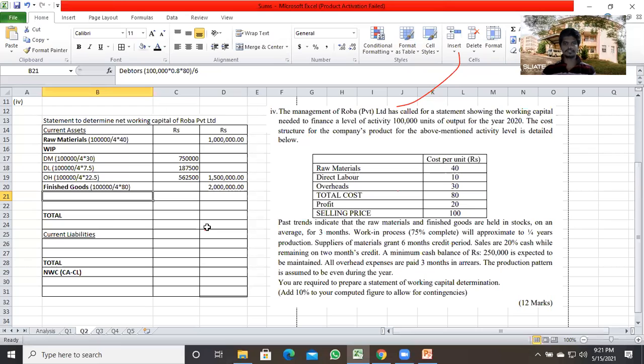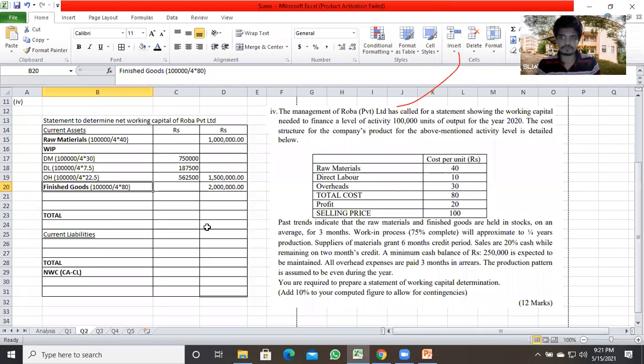Now the debtors value we have to calculate. Up to now, okay. Please think and say, how can we calculate the debtors value? Here one thing you have to assume: the activity level, in the sense production and sales. Whatever they have produced, they need to sell.